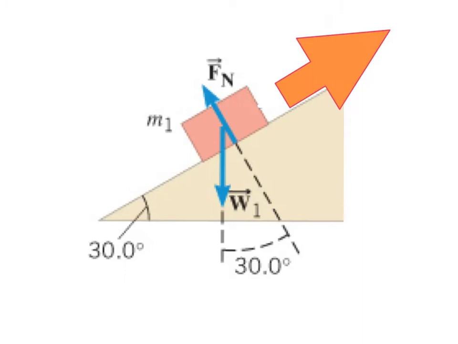So now this is the positive x direction, straight up the hill. And then the positive y direction is going to be this way, perpendicular to the hill. So now the x direction is parallel to the surface of the hill, and the y direction is perpendicular to the surface of the hill, and that'll make things a lot easier.